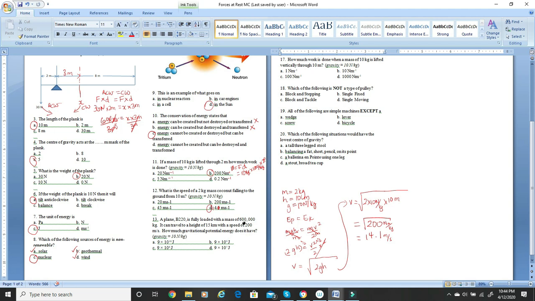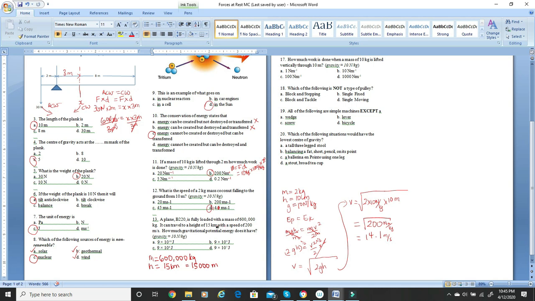Okay, so we have the mass, which is 600,000 kg. We have height, which is 15 kilometers and must be converted to meters, which is 15,000 meters.